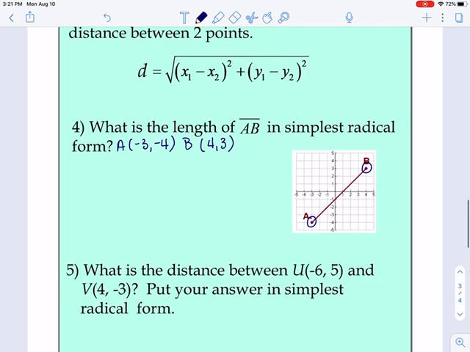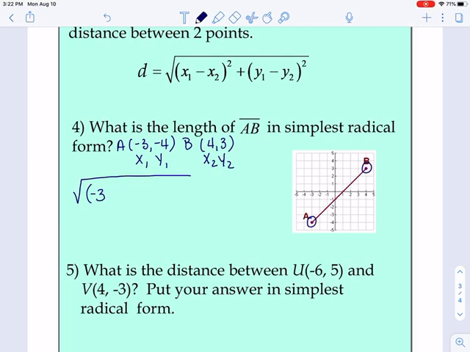So let's label our x1s and our y1s. So this is going to be x1, y1, x2, y2.